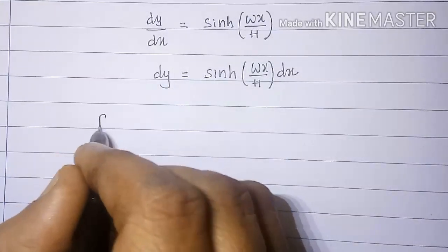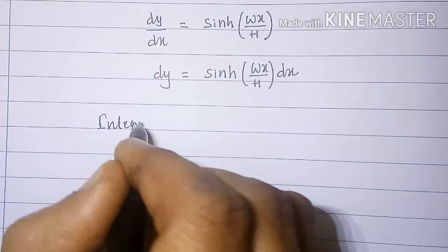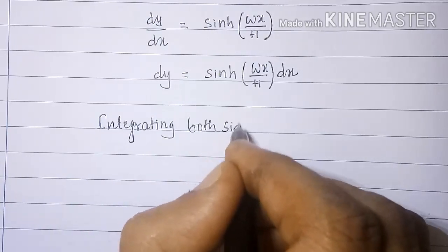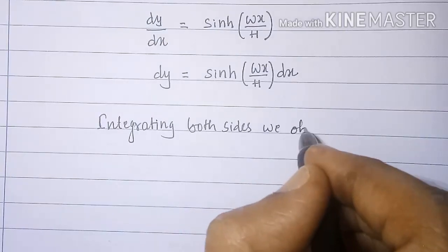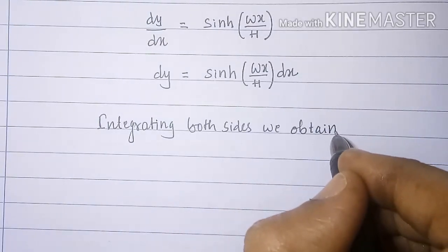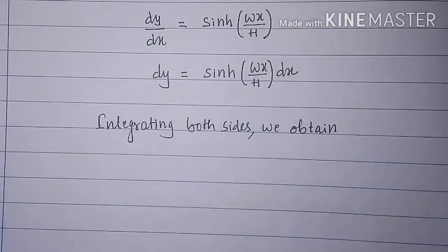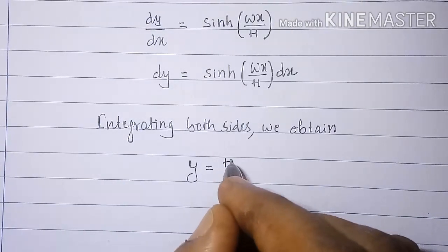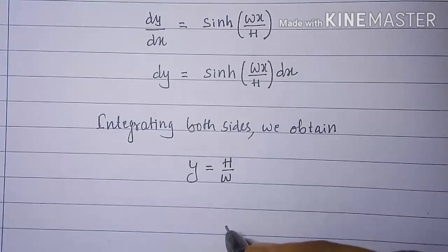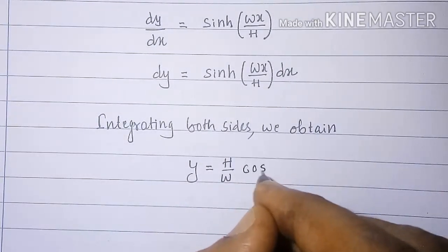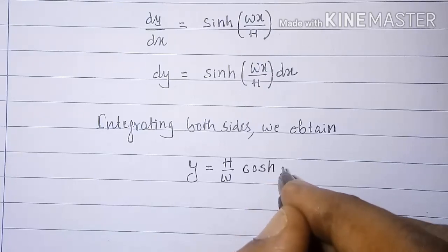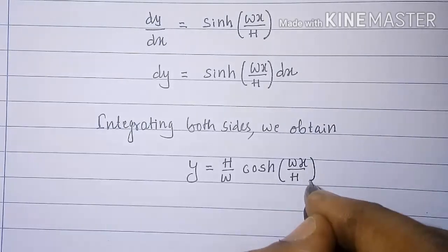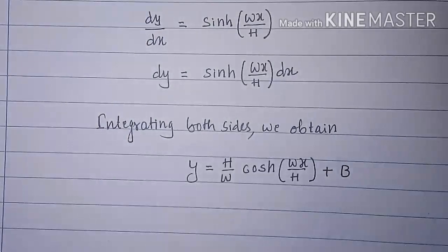Integrating both sides we obtain y is equal to h upon w cosh of wx upon h plus integration constant b.